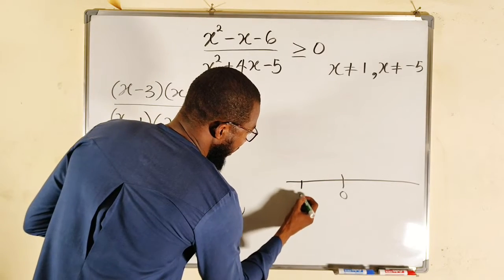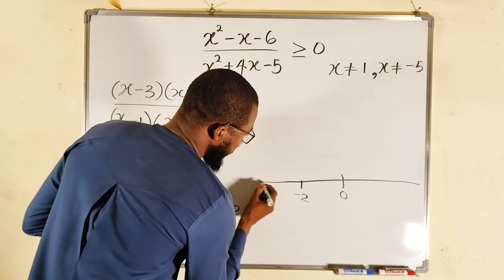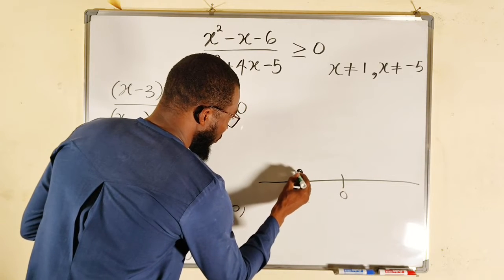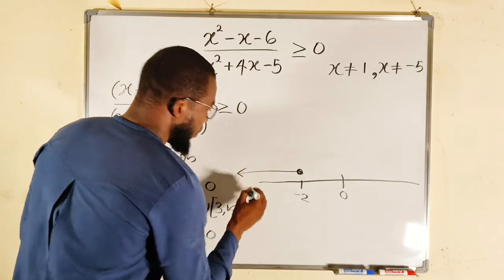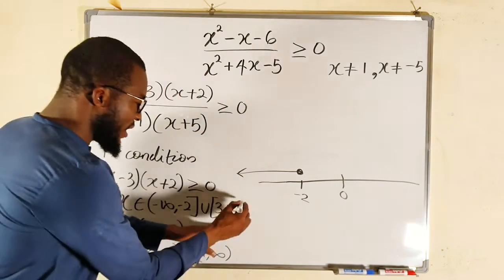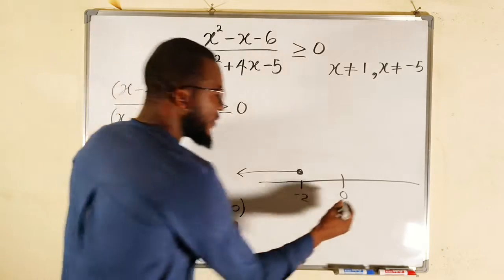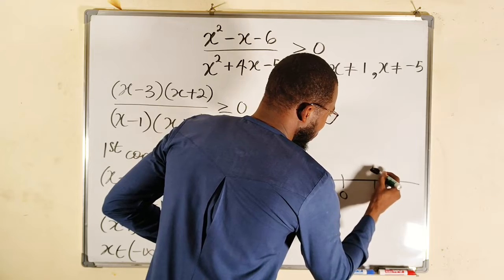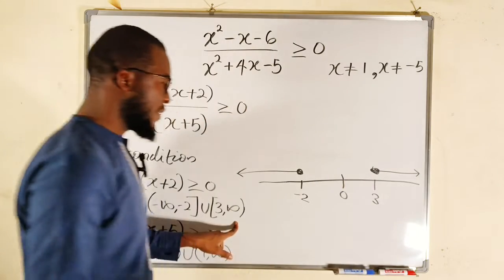So we have -2 here. It means from this -2 way down to -infinity, right? And we have from 3 down to +infinity. So if we have 3 here, this is what it means.